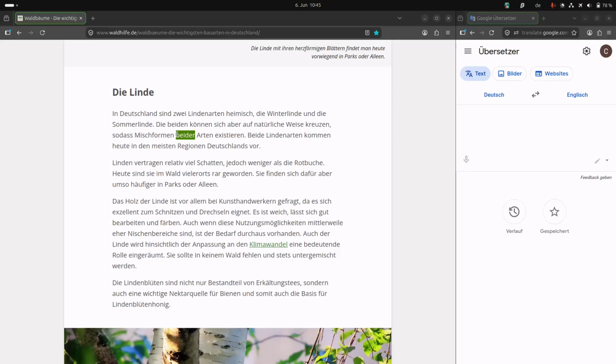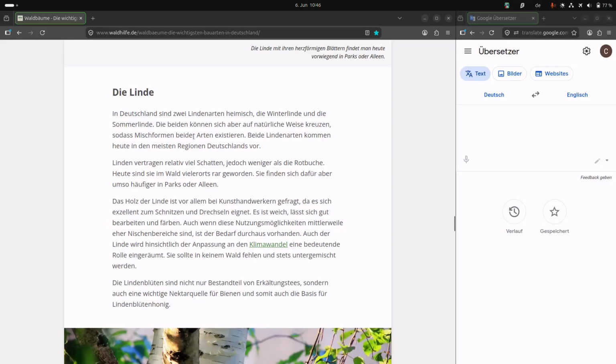But what I'm just trying to say is that German has this kind of special form where you don't need to put an of before the word to say of both species, or of the two species. And you can just say beider. So this basically means of both.